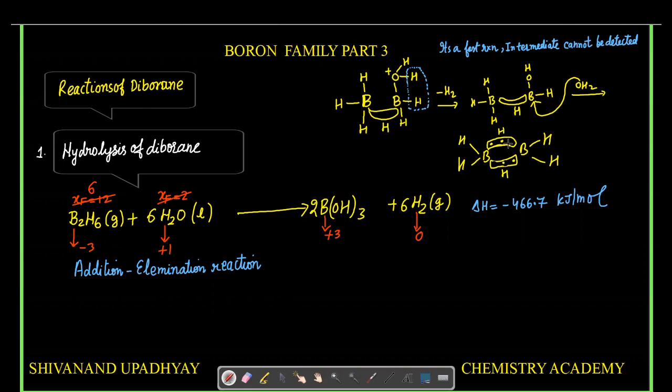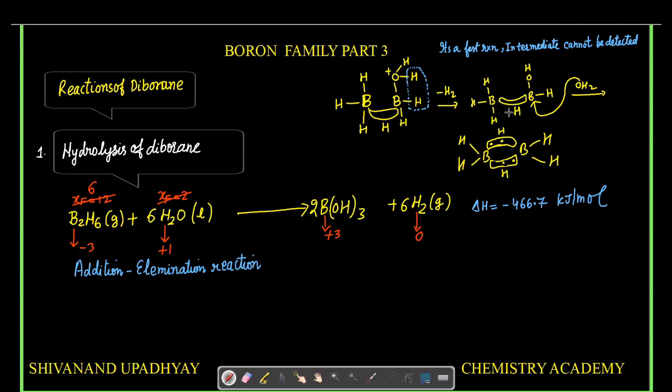Only this bond will break, and there is formation of another bond between this boron and the water molecule, and because this oxygen is giving electron to this, it has positive charge, right? So there is a formation of this here. There is breaking of this bond, and now you can see like this. This is the first step of opening of the first bridge bond, right?